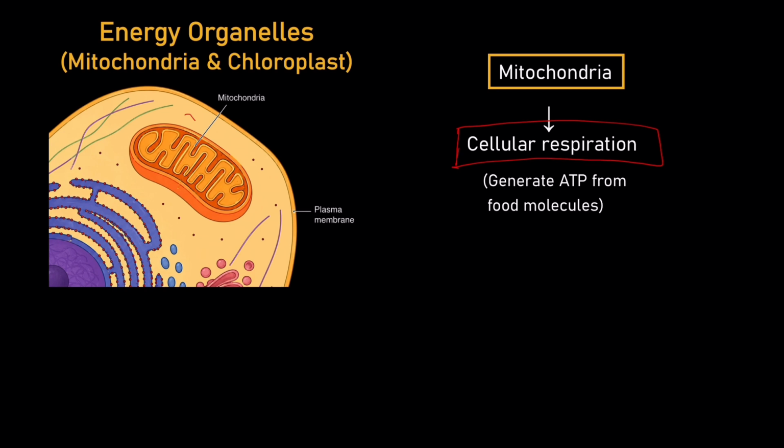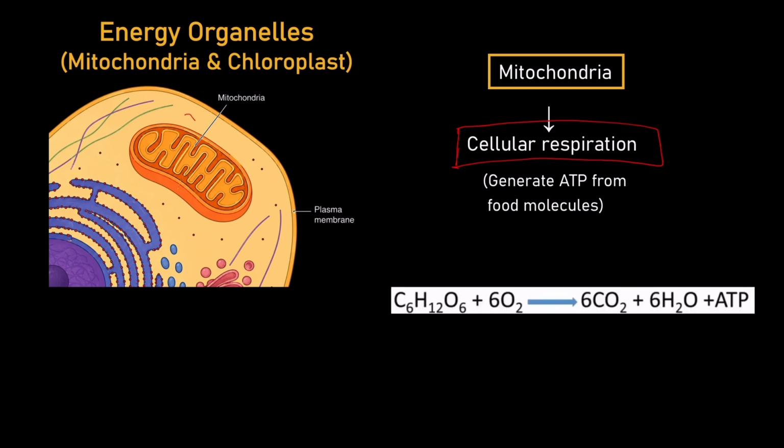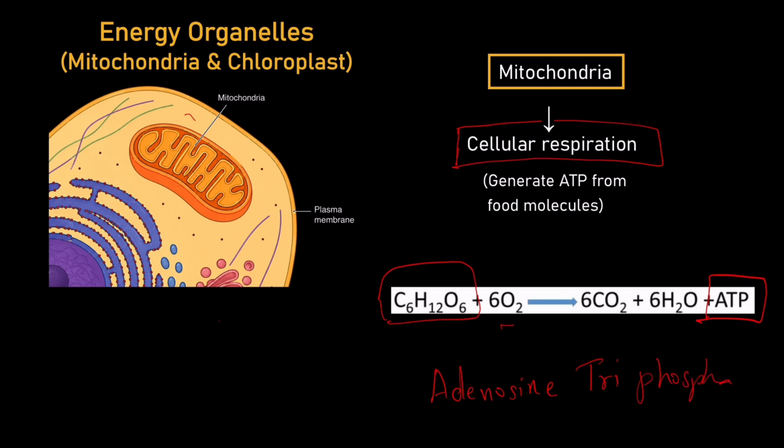Cellular respiration involves the breakdown of glucose, right here, in the presence of oxygen to produce adenosine triphosphate, the cell's primary energy-carrying molecule.